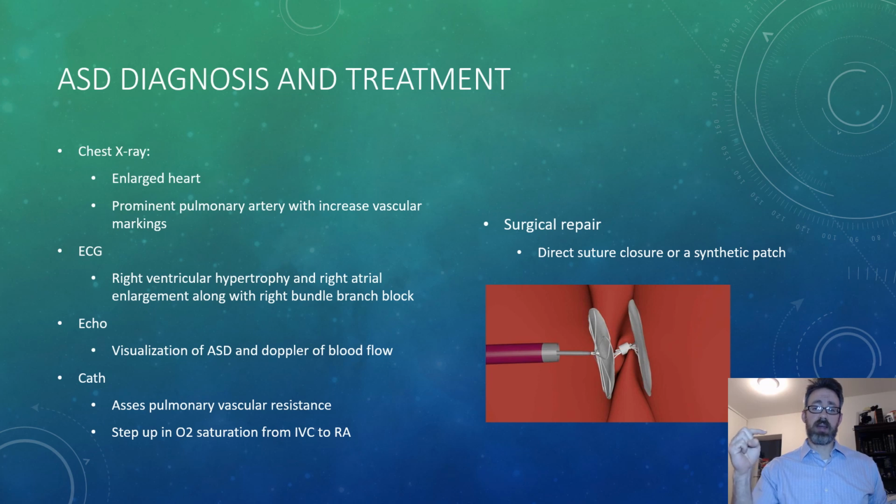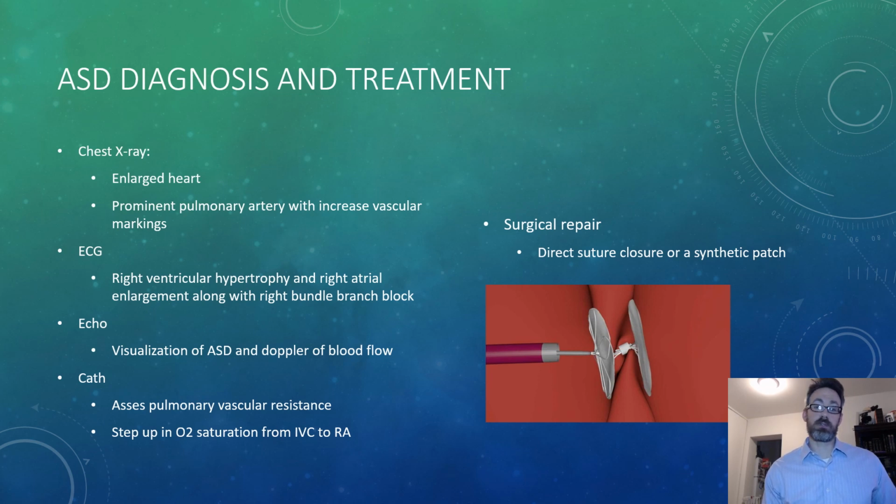As I move the catheter from the superior vena cava into the right atrium, I would expect under normal conditions that the oxygenation would be the same, and even into the right ventricle, because I haven't reached the lungs yet. I haven't exchanged gas. So it should be the same through the right atrium, right ventricle, and pulmonary artery until the lungs, where gas exchange occurs, and then you'd see a step up in oxygenation in the left atrium and left ventricle.